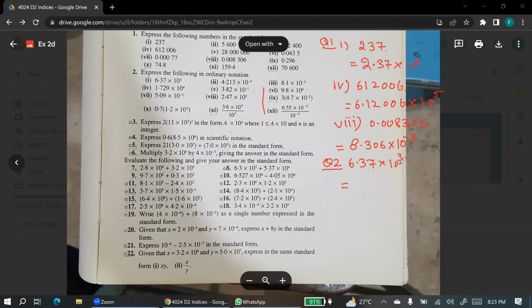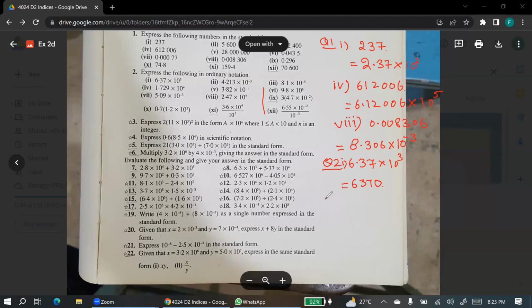So we will move this decimal point 3 digits towards the right side. 637, 2 digits, now we will put a 0 and then we will put the decimal sign. This one was part number 1.